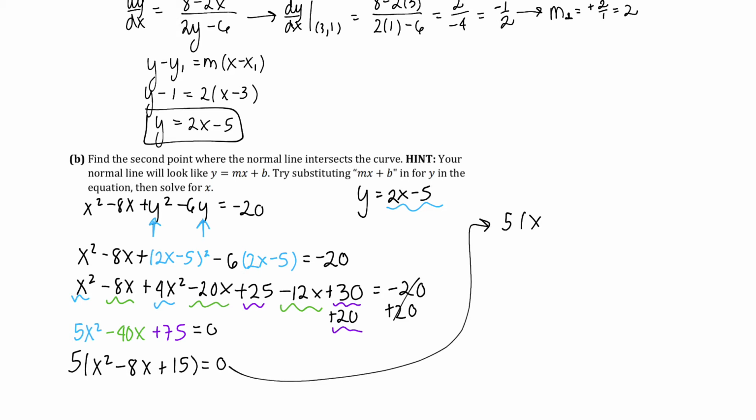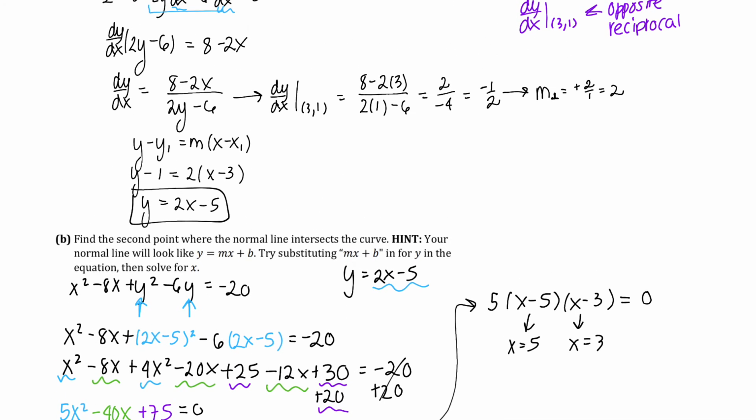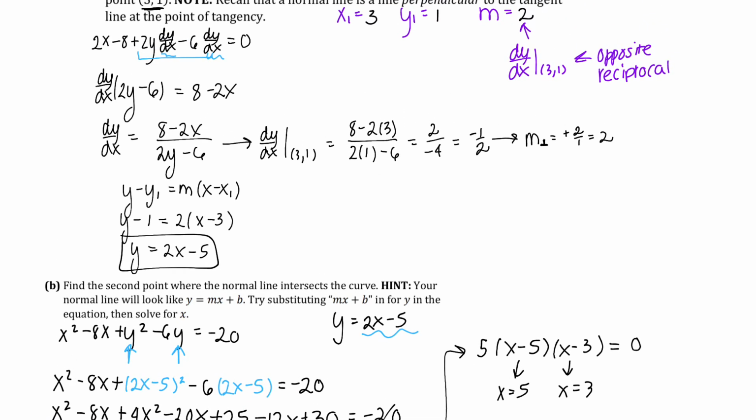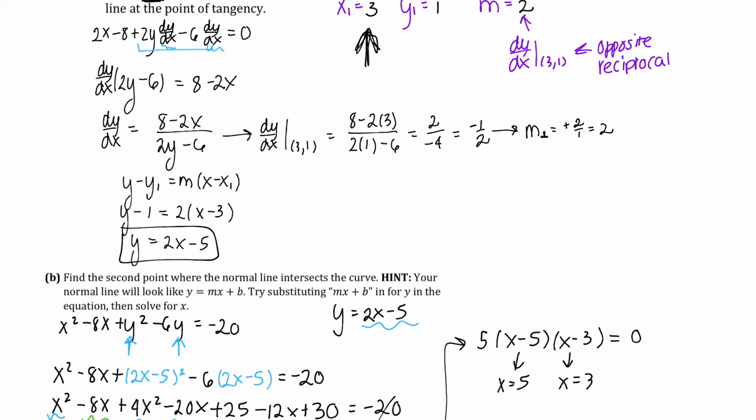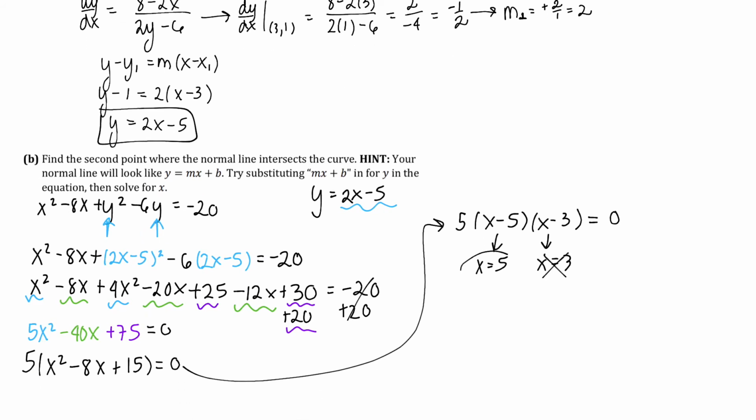Factoring that, we have x minus 5 times x minus 3 gives us x equal to 5 and x equal to 3. Now our original point that we got, because we're trying to find the second point, the original point we had was x1 equals 3. So we already have this guy here. 5 is the next point, but we need to find our y value.